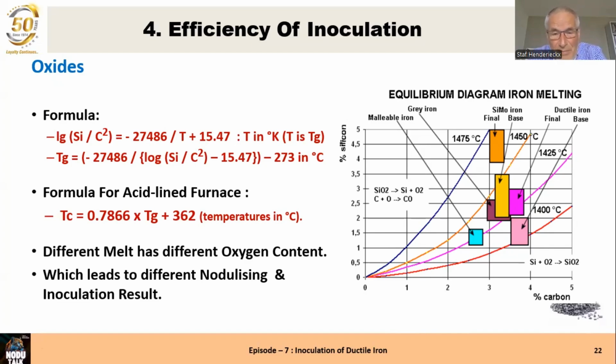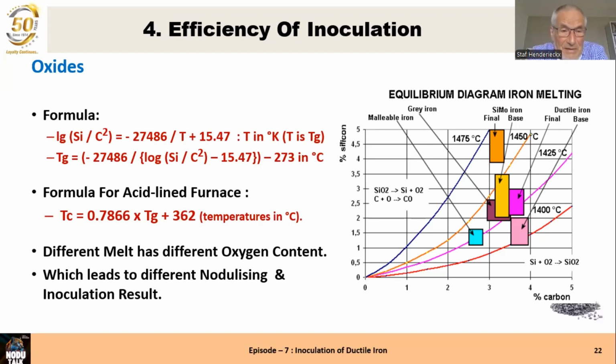Again, the formula, we have seen it before. The TG temperature, that's the temperature, let's say, where we form silicon oxides. It's given over there with the formula. And the TC temperature is also given in function of the TG temperature, and that's the one above which we lose oxygen.